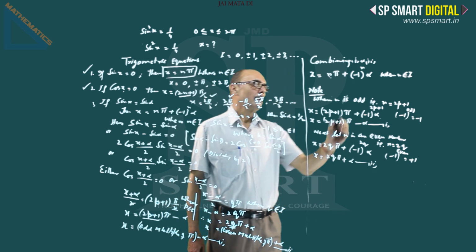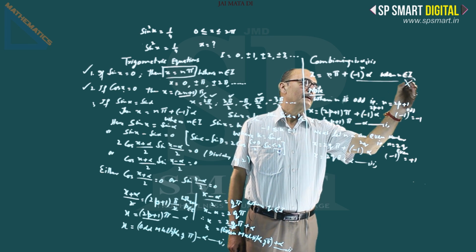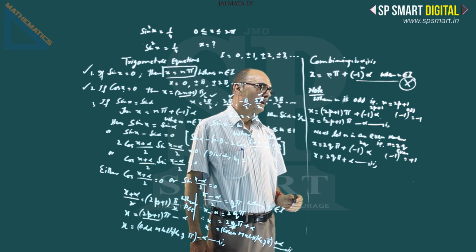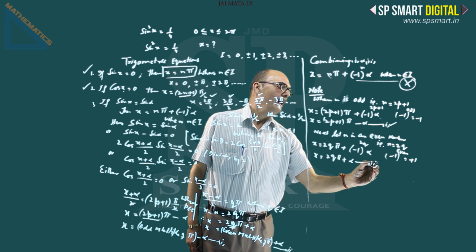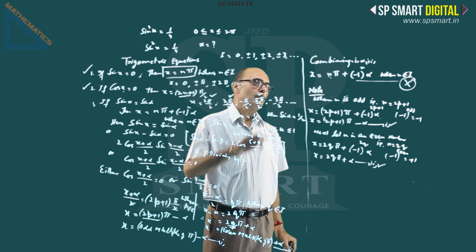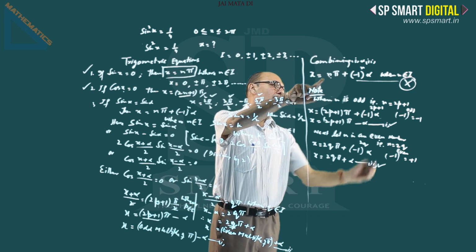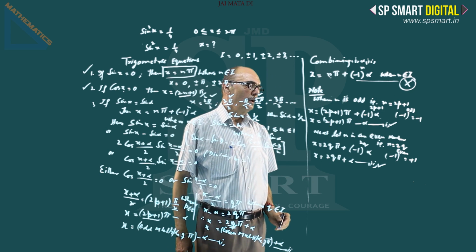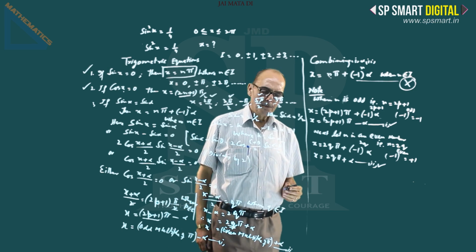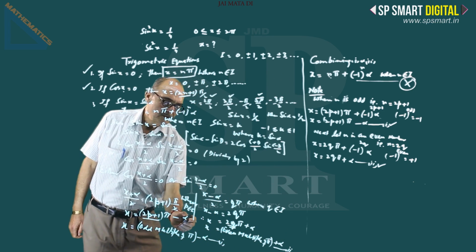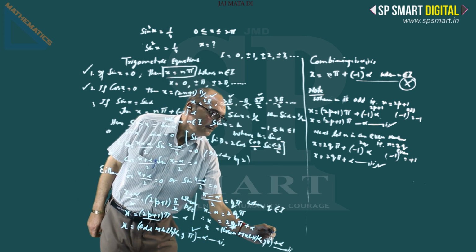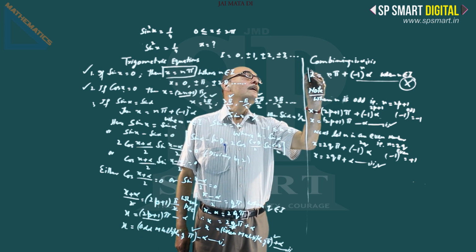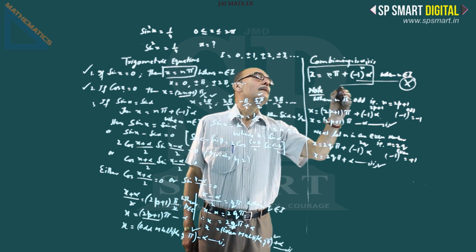So, if you mark this as capital X, we note that the first result and the second result are both present in this capital X. This is how we can establish that both these results, first and second, are contained in this result, x equal to this.